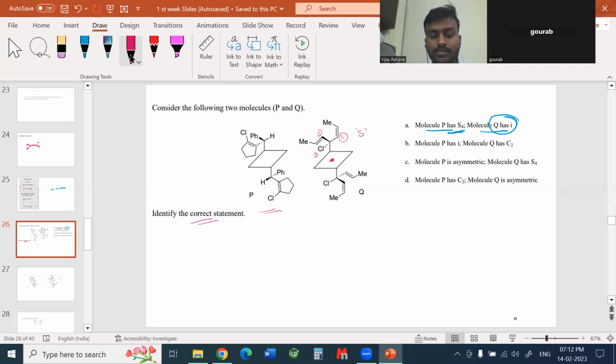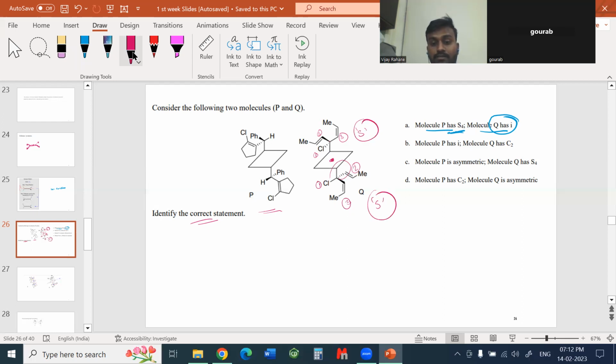This one has the S configuration. The lower one, having the chlorine atom, is numbered 1, the trans group 2, and this one 3. It has R, which changes to S. It's also having S configuration.